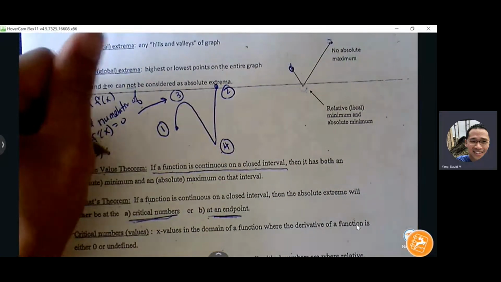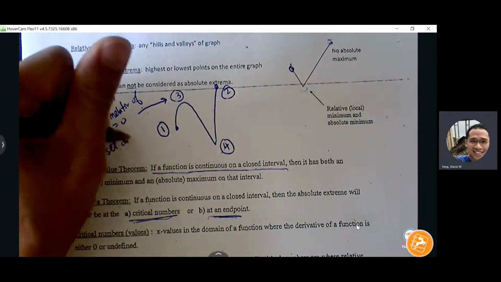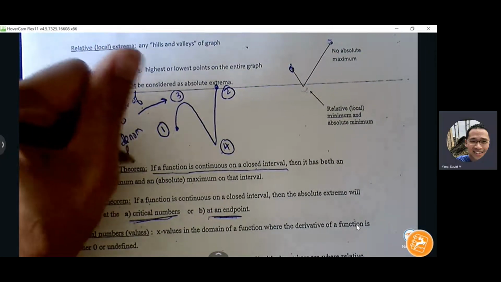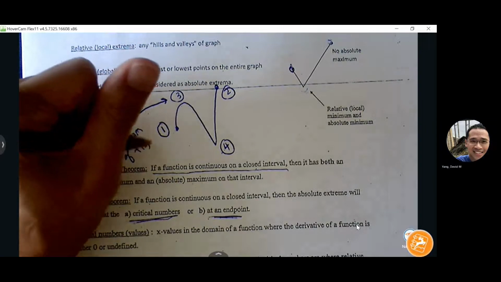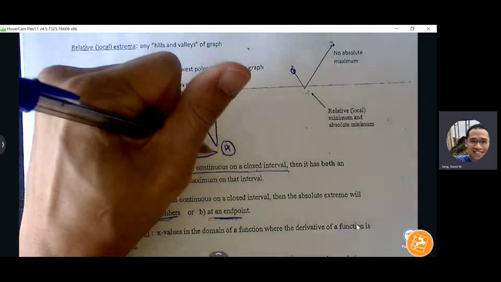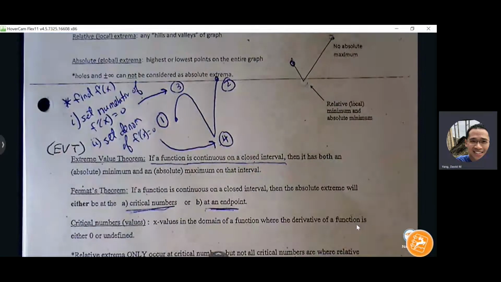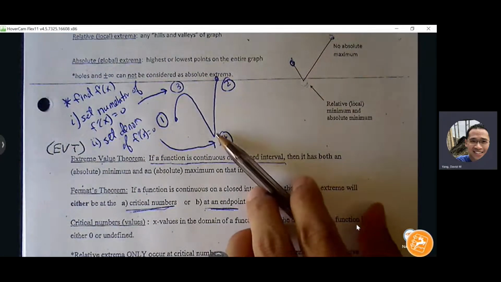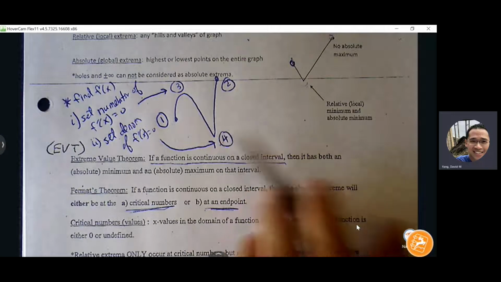But if there's a denominator, we also want to set the denominator of f prime equal to 0, because that will lead us to a sharp turn. A sharp turn is still a point that we have to consider because it could end up being the lowest or highest point in the graph.